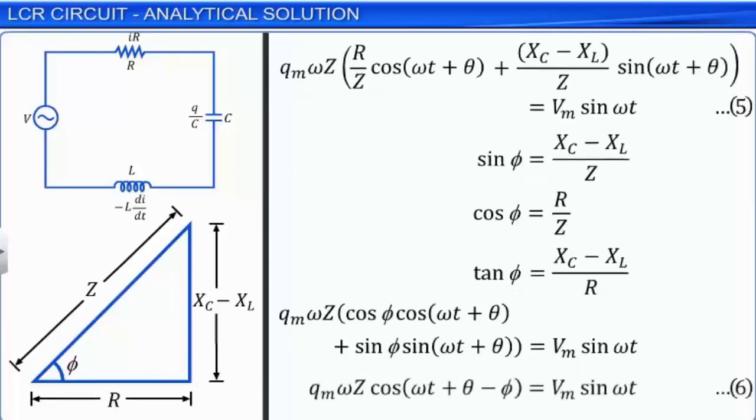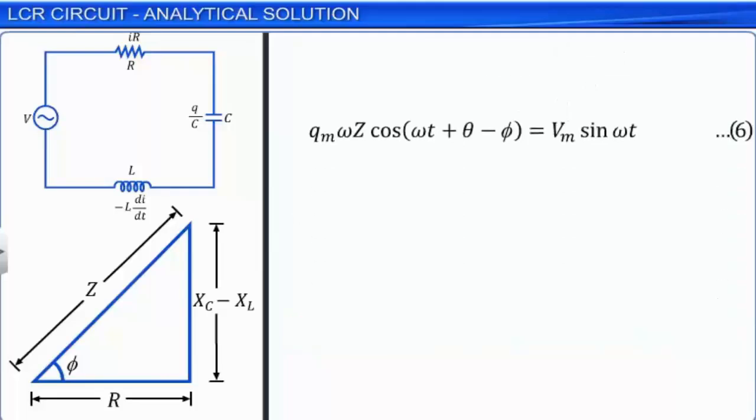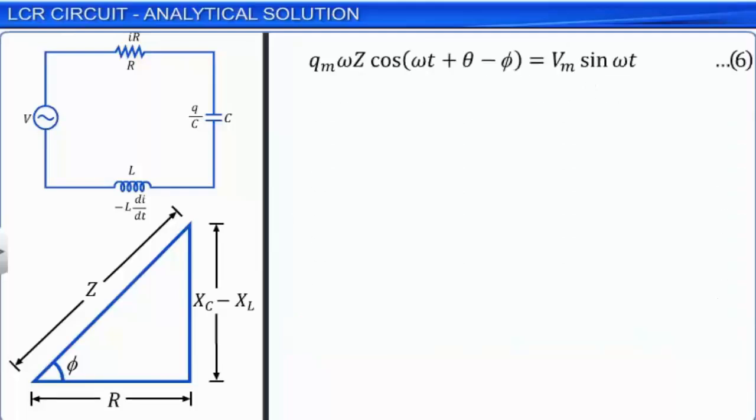Here, we have used the trigonometric identity cos A cos B plus sin A sin B is equal to cos of (A minus B). Comparing the values on both the sides of equation 6, we get Vm equal to Qm omega Z, which is equal to Im Z. Therefore, the maximum voltage in the LCR circuit, Vm, is equal to the maximum current in the circuit, Im, into the impedance of the circuit Z.